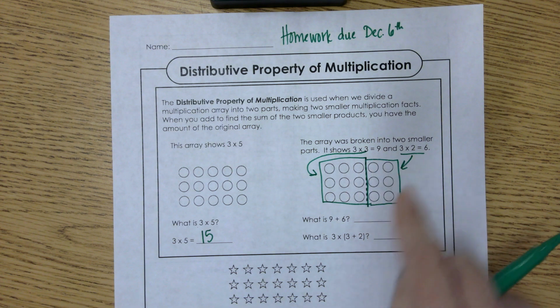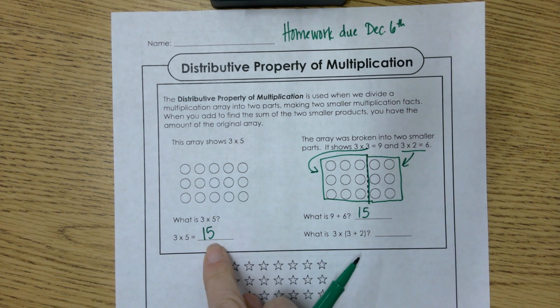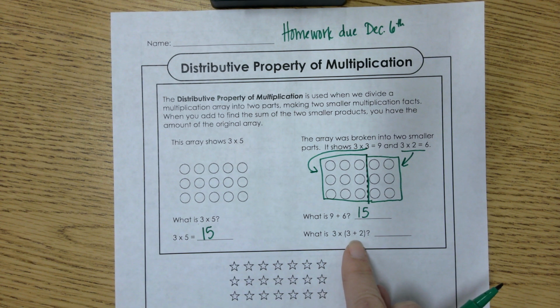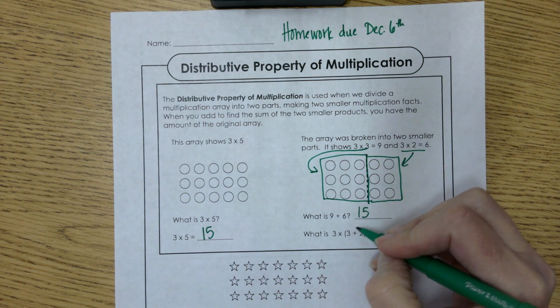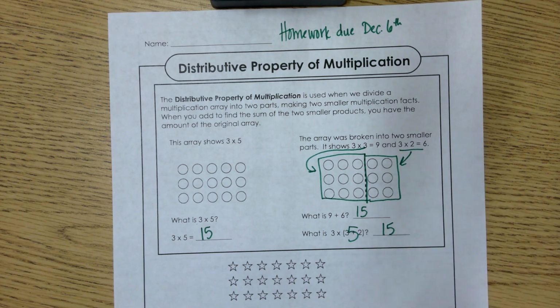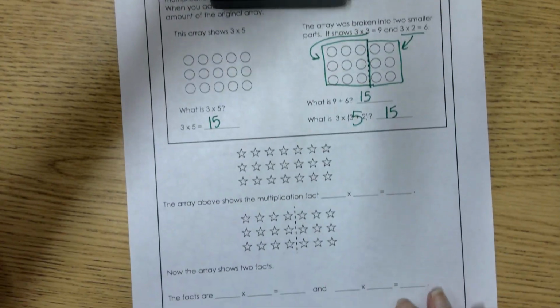Then you would add 9 plus 6 to get 15, which of course is our same answer as the original 3 rows of 5. So it says, what is 3 times 3 plus 2? Well, 3 plus 2 is 5. So what is 3 times 5? 15.